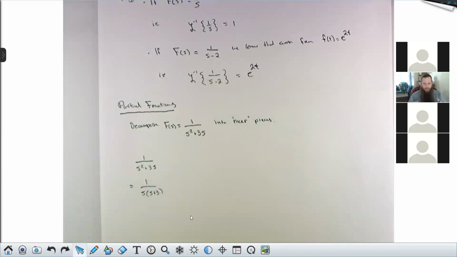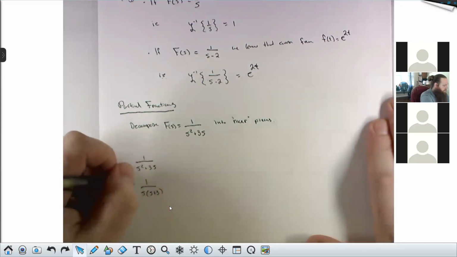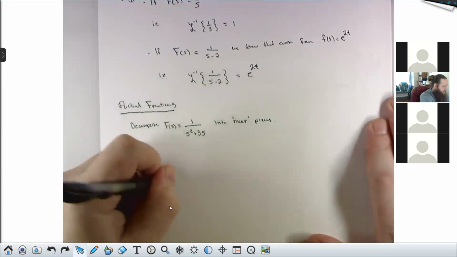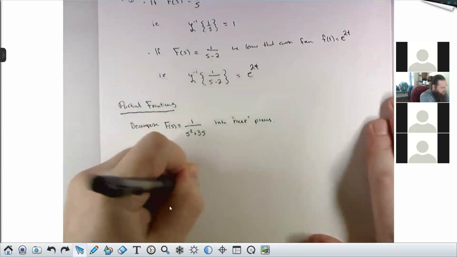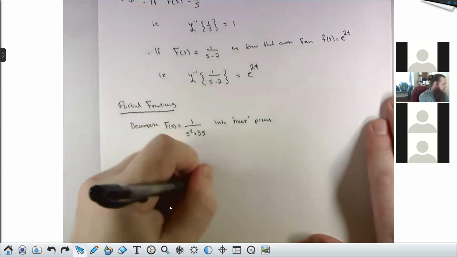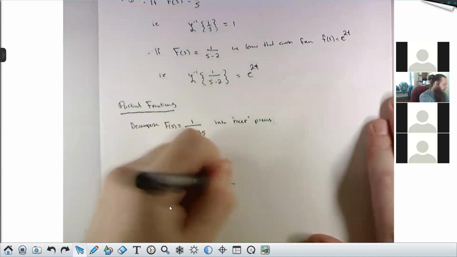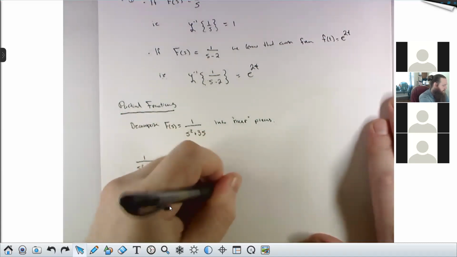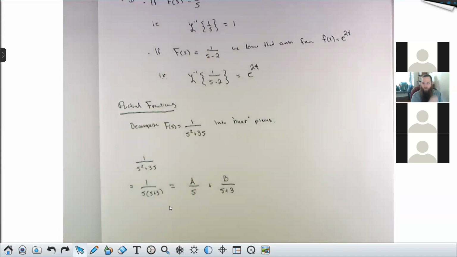And then in the nightmare case, you've got repeated irreducible quadratic factors. But in the nice case, non-repeated linear factors, you assume that this can be written as some constant over the first factor plus some other constant over the second factor. And like everything in this class, we're leaning heavily on linear algebra here.